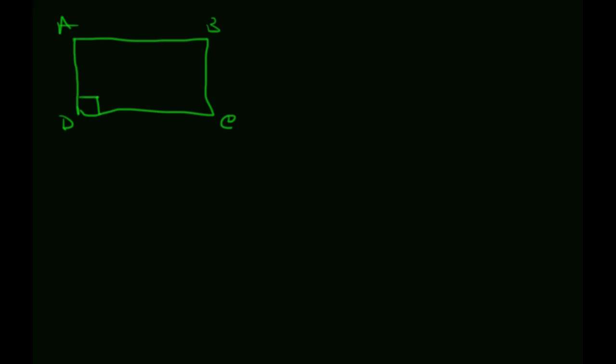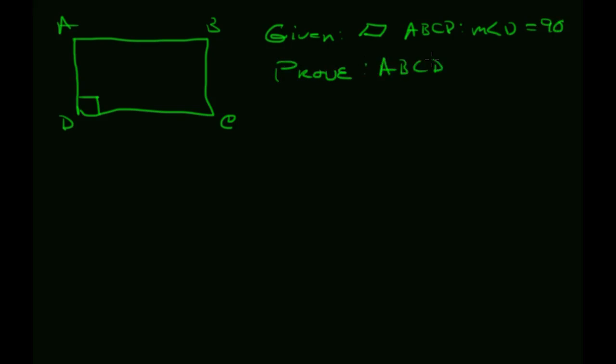Okay, so just to clearly state some things here, we're given parallelogram ABCD, where the measure of angle D is 90, so it's a right angle, right? We want to prove that ABCD is a rectangle.